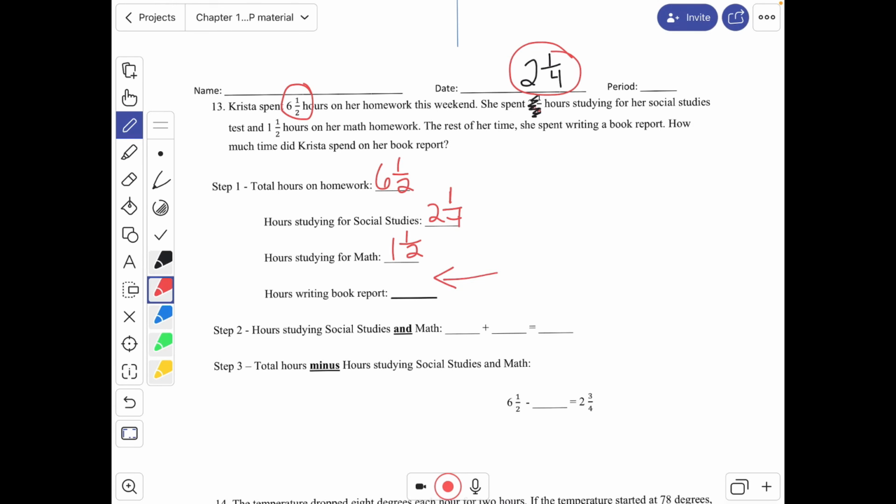So step 2, hours studying social studies and math. So social studies was 2 1/4, and math was 1.5. And before we can add those together, we need to find a common denominator. What would be a good common denominator?